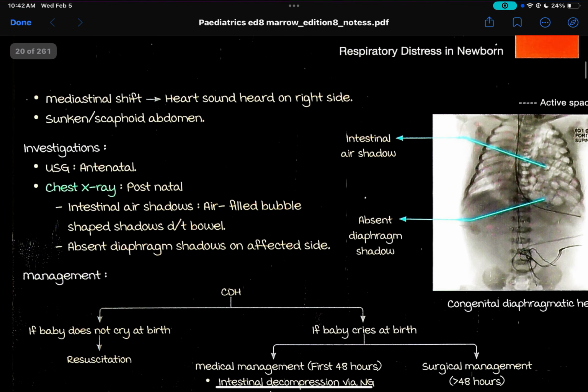So mediastinal shift will happen, heart sound will be heard on the right side, and the abdomen will be sunken or scaphoid. Investigation: ultrasound antenatal, chest X-ray postnatal, showing intestinal air shadows, air-filled bubble shaped shadows due to bowel, and absent diaphragm shadow on the affected side.